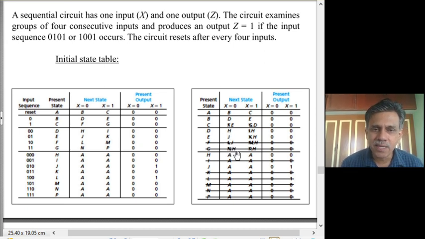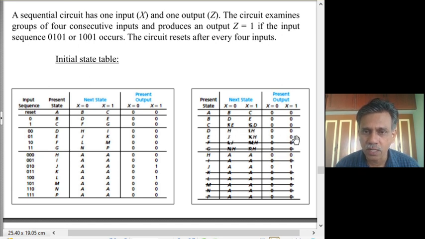Now we could easily see that previously when we were looking at D, E, F, G, it was not clear whether they are all equivalent, because that begs the question whether there are equivalent states among them. But now that we have relabeled them, again we can iterate through this and check whether we discover more equivalent states. If you look at D, it goes to H in both the cases.